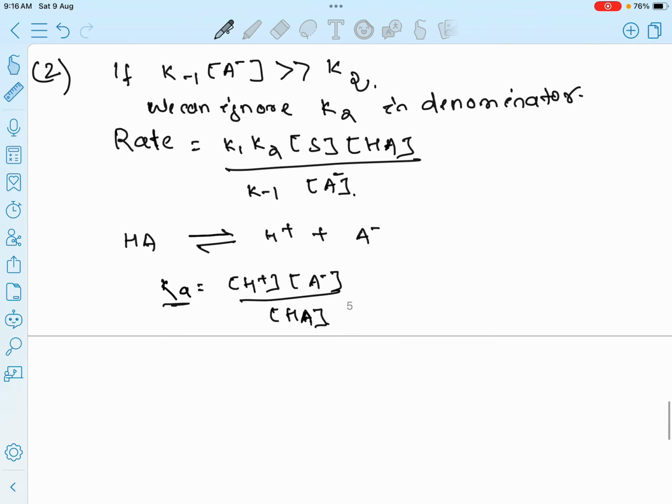Okay. Therefore, what will the concentration of H plus be? This will be equal to Ka times the concentration of HA divided by the concentration of A minus.